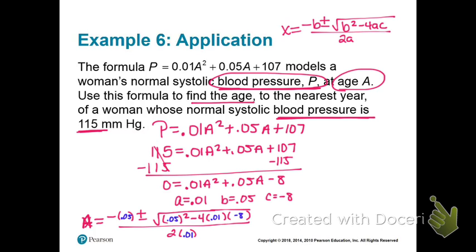Now remember, like we did before, we're going to do this piece by piece. So let's just work out the first part. It's just negative 0.05. And so A equals negative 0.05 plus or minus, work what's in that square root.